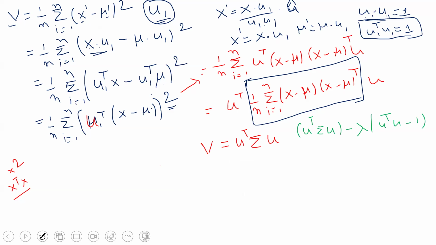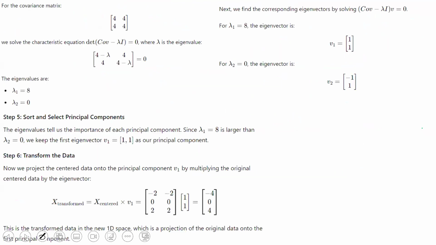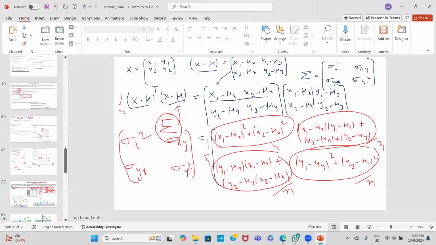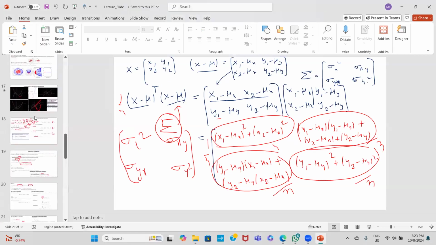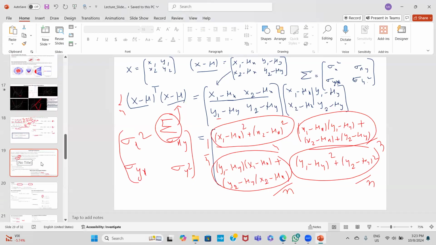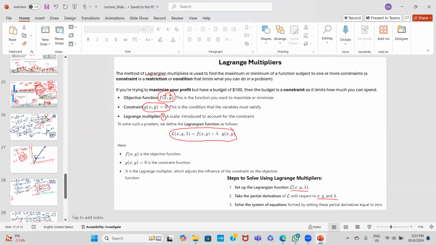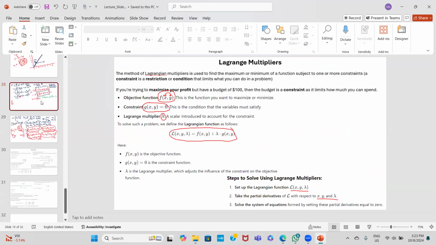That is what we have seen, right? Lagrangian multipliers. You remember that? Plus or minus, whatever it is, it doesn't really matter much. So that's what we have.